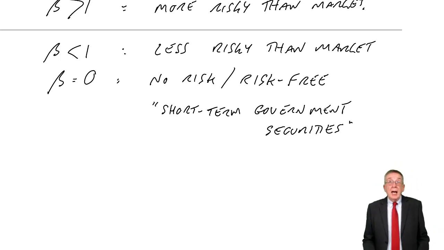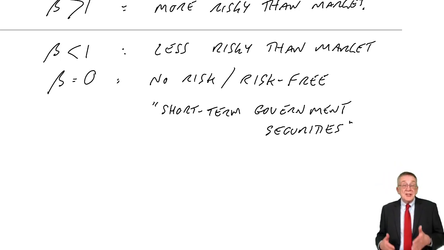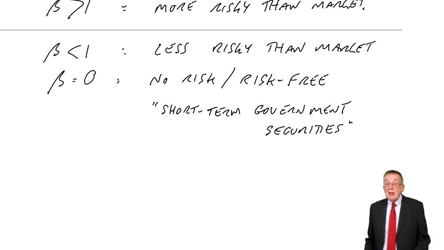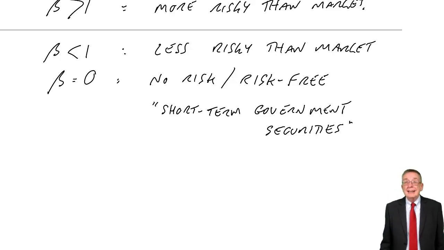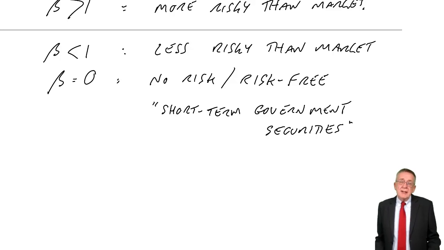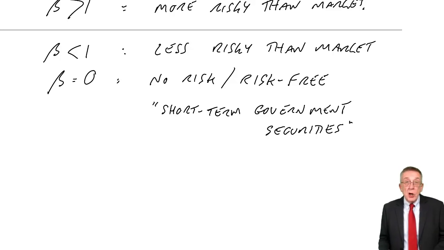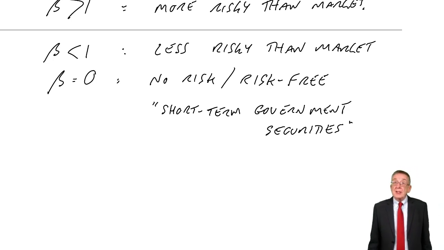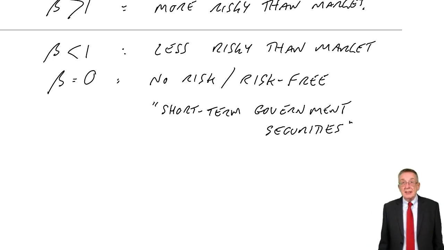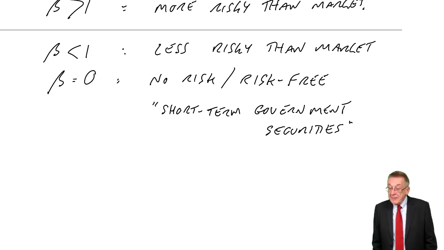Government securities, you can invest money in the state. You're effectively lending money to the state and they pay fixed interest. And we say, well, they're the nearest thing we've got to something that carries no risk at all. You're getting fixed interest, and the chances of the state going bankrupt can happen, but we say it's virtually zero.